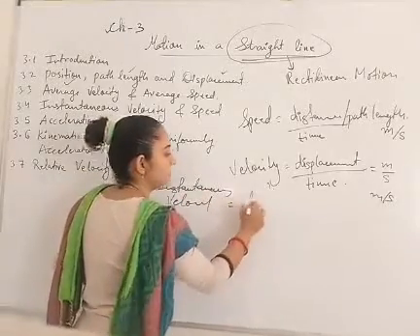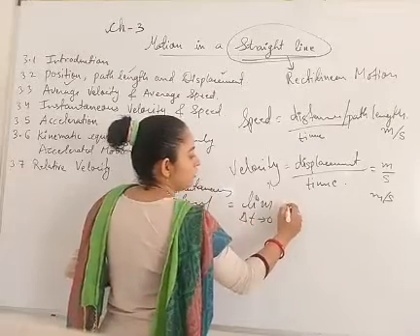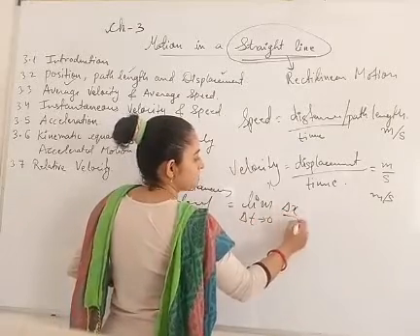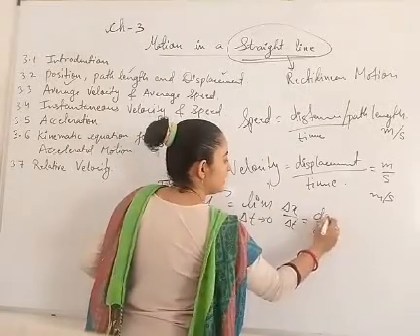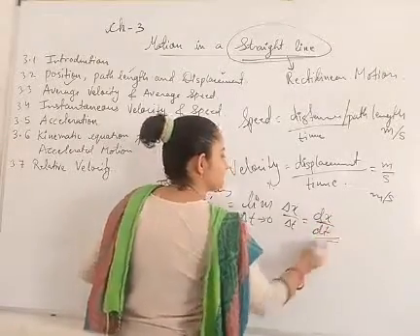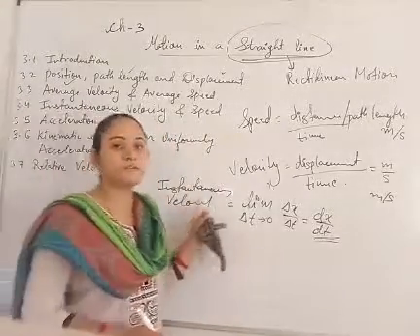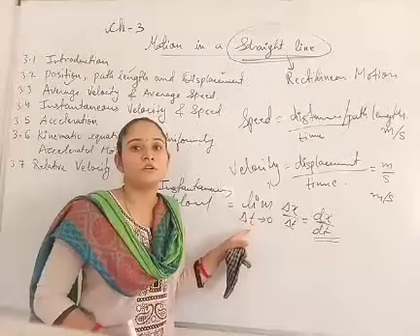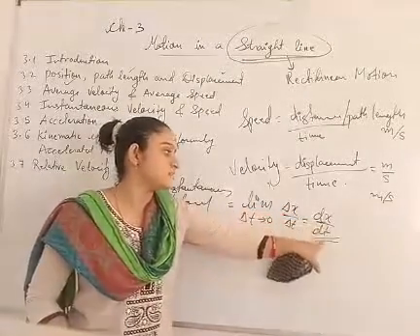Instantaneous velocity equals the limit as delta t tends to 0 of delta x by delta t, that is equal to dx by dt. Getting it? So instantaneous velocity is the limit over time at a specific position, dx by dt.